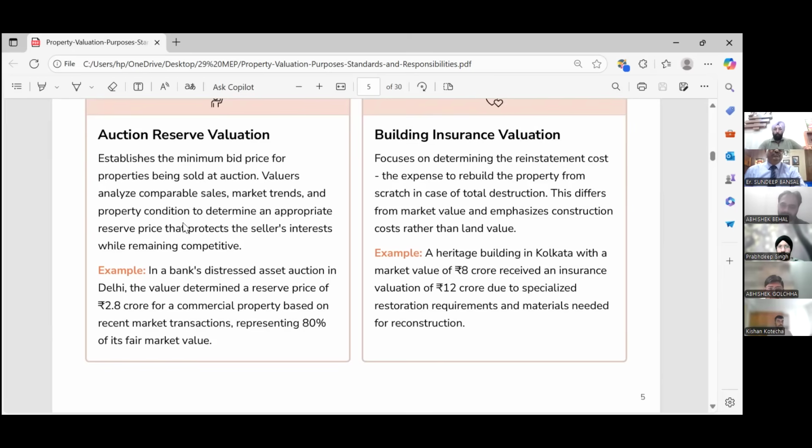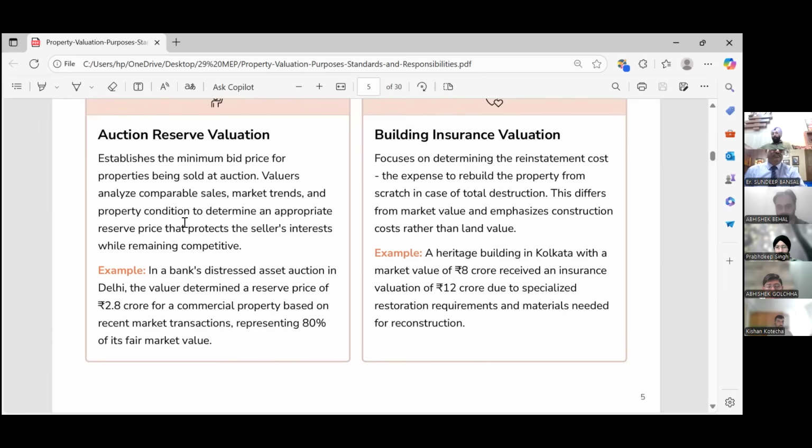Whenever you are doing valuation for bank insurance, your purpose is to determine the reinstatement cost or replacement cost of the building. For example, a heritage building in Kolkata with a market value of 8 crore received an insurance value of 12 crore due to specialized restoration requirements and materials needed for reconstruction.